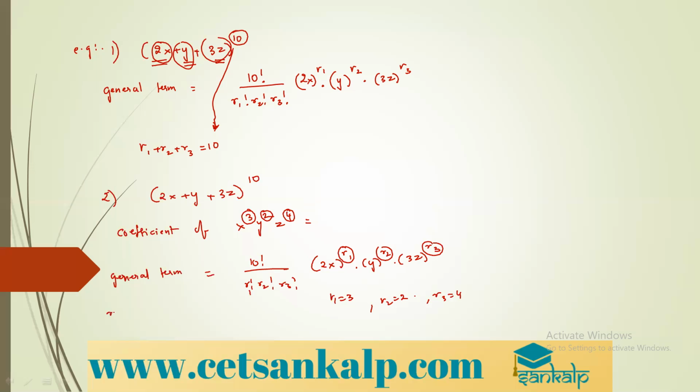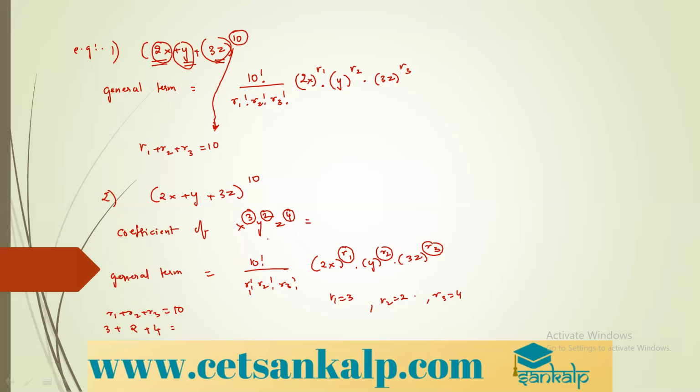I told you r1 plus r2 plus r3 should be equal to the power 10. You can see 3 plus 2, 5. And 5 plus 4, only 9 is there. That means what should be there? There should be one more. It's not x cube, y square, z power 4.